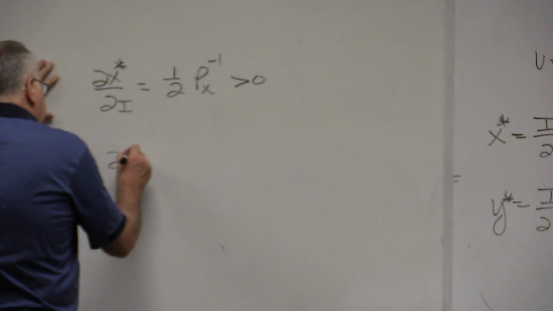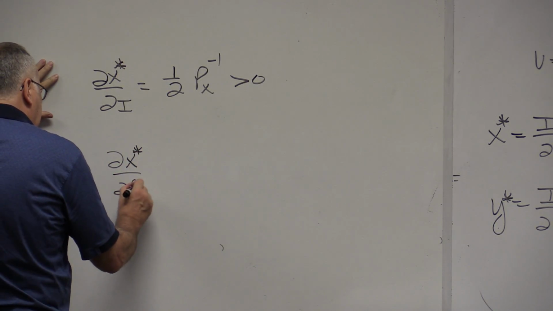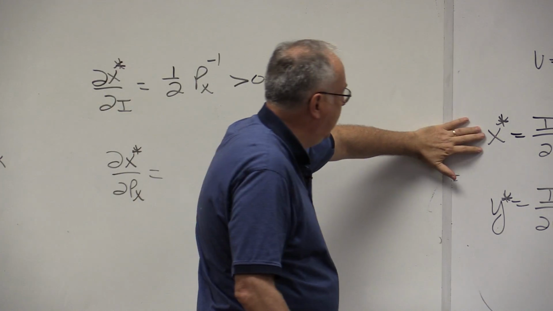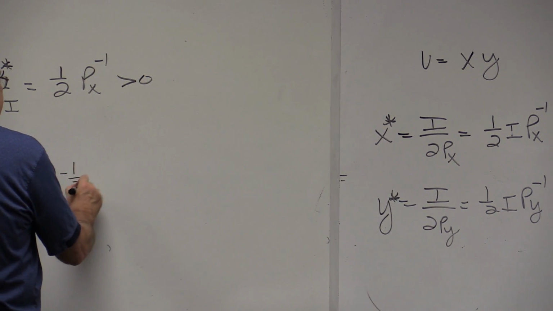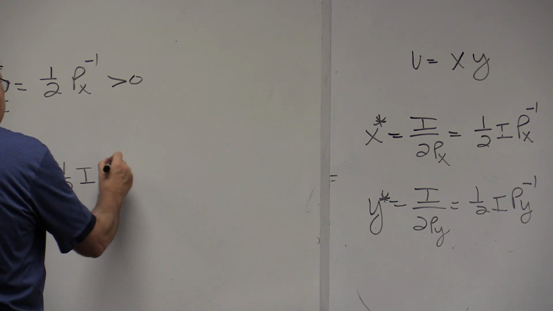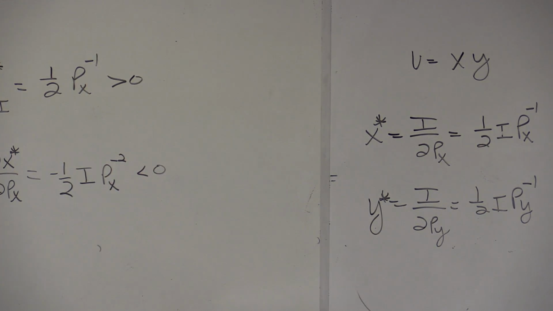What is partial x star, partial px? Well, just take the derivative of this with respect to the price of good x, and it's going to be minus 1/2 times I times px to the minus 2. This partial derivative is always negative.